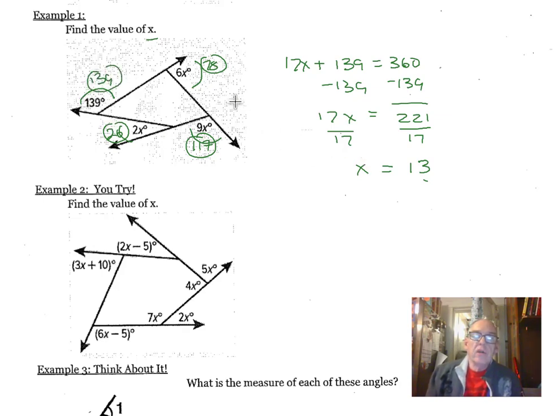And if we add all these up, 139 and 26 gives us 165. And another 117 gives us 282. And another 78 degrees gives us 360. So they sum up to 360 and it checks out.